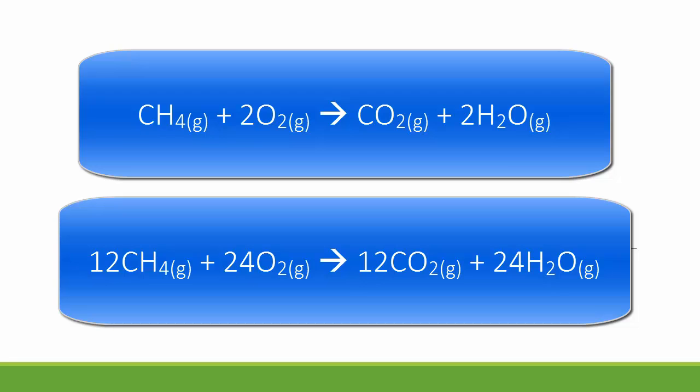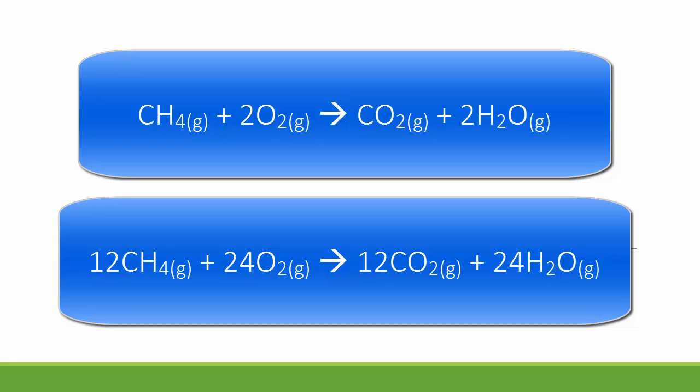Now that I have these in the right proportions, I'm going to produce some product. Without the coefficients, what are my products going to be? What molecules should I see on the right-hand side? Same ones I had before, right? I'm still going to see a certain number of carbon dioxide and a certain number of water vapor.